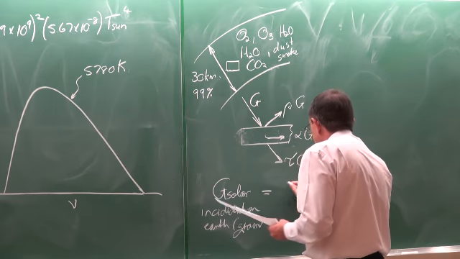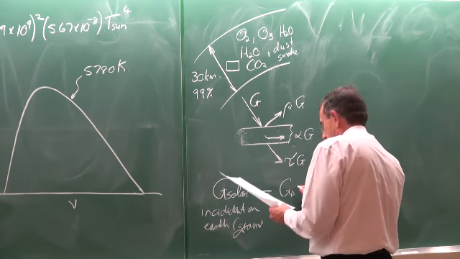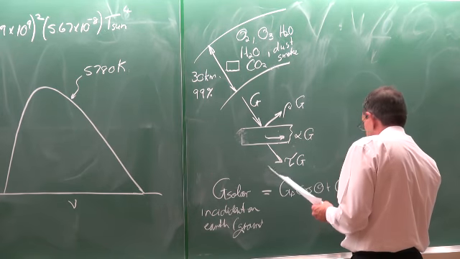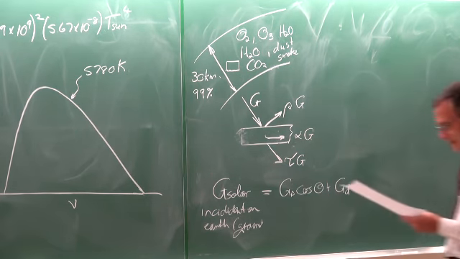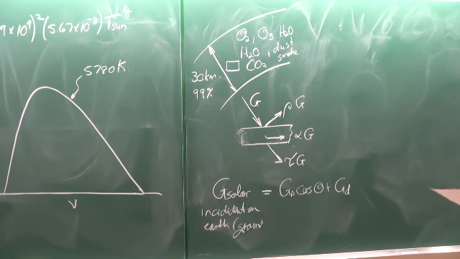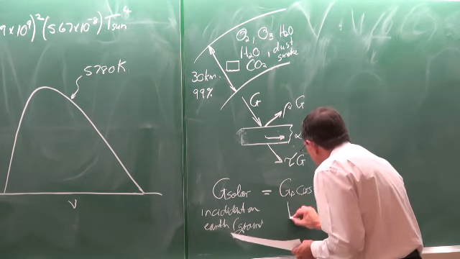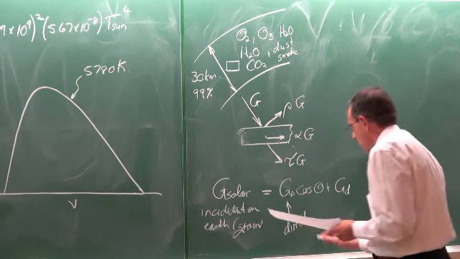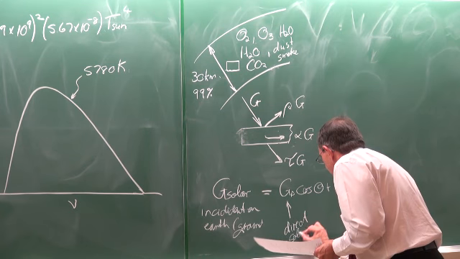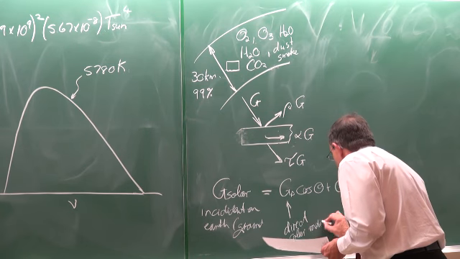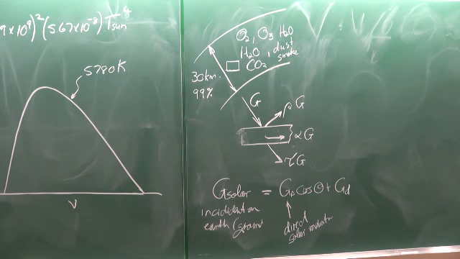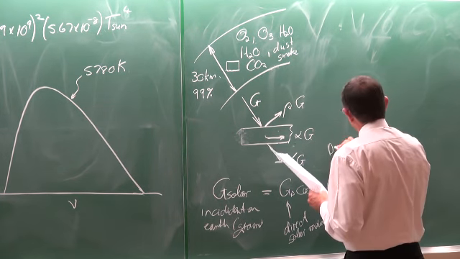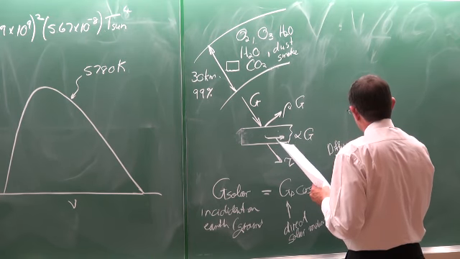We would write it as GD multiplied by the cos of theta plus G small d. Now this one is the direct solar radiation, and this one is called the diffuse solar radiation.